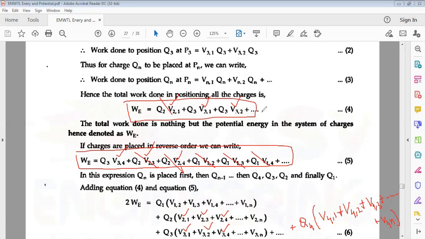So you can add the two equations from the forward order and the reverse order.